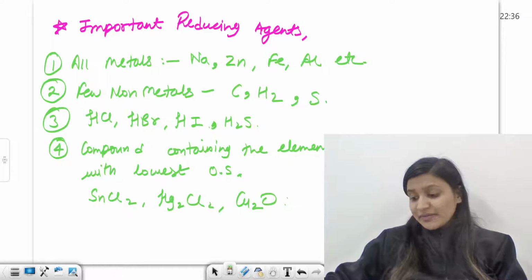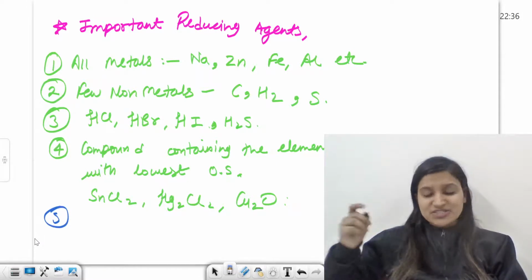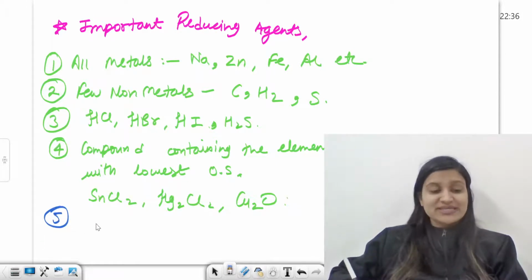And lithium and cesium are also reducing agents. Lithium is the strongest reducing agent.